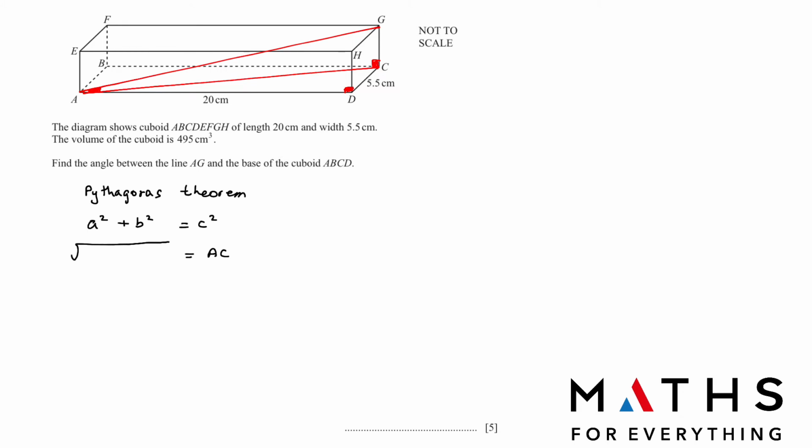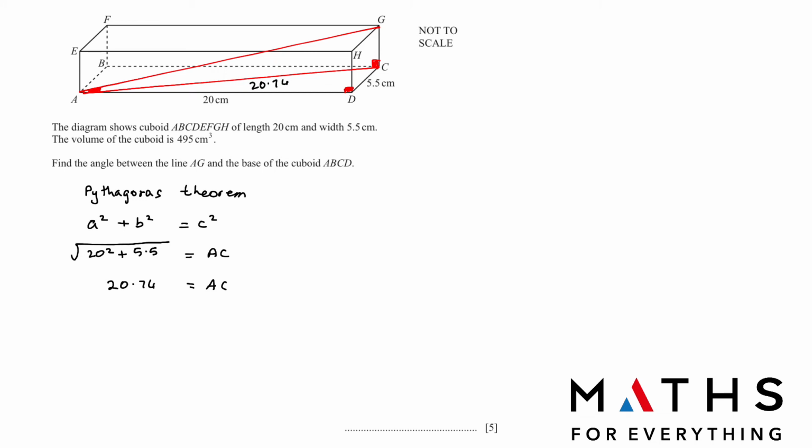To remove the square, we square root. A and B can be either of the sides. So 20 square plus 5.5 square, this will give us 20.74. Do not round it to one decimal, leave it like this for now. So we found our AC, it is 20.74.